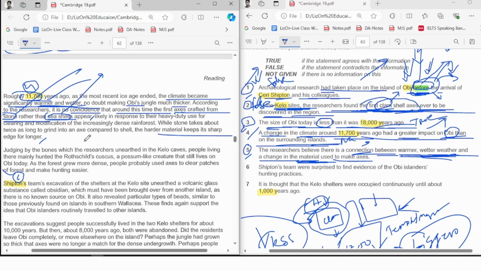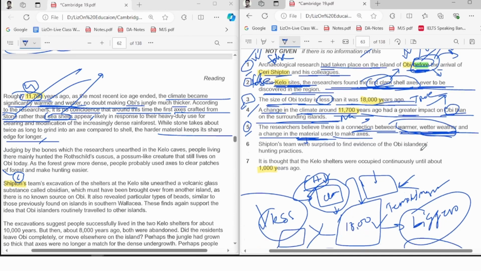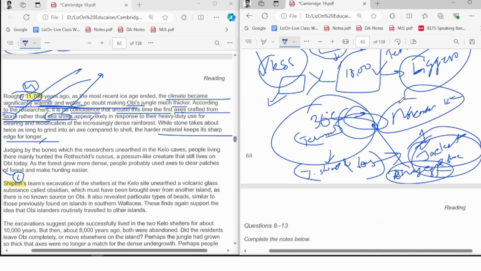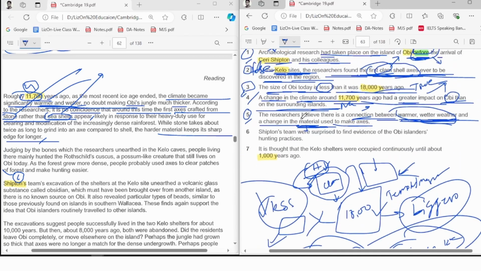Because the weather was warmer and wetter, they used stone rather than seashells, and for that reason it will be true, right? Because the weather was like that, they needed to use stone. They couldn't use seashells. There is a connection. They needed to use stone, like you need a jacket because of the cold weather. Here they needed to use stone as a material to make axes. Okay, the answer will be true.